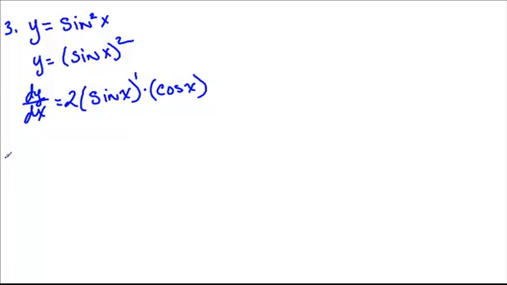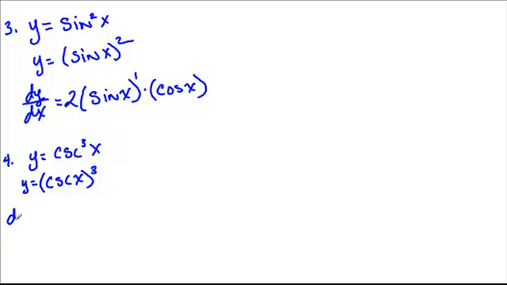Let's see another example of this. Let's try cosecant cubed x, because this can be a tricky one. Now remember, this is the same thing as y equals cosecant inside parentheses cubed.